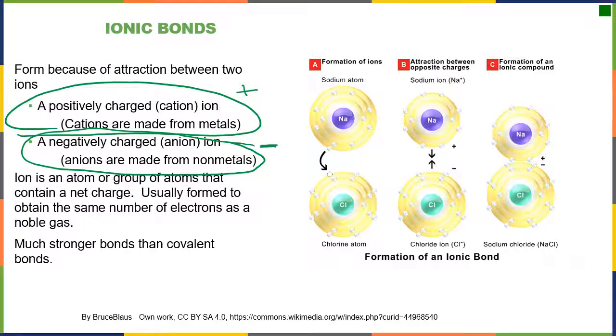Now, when we write the formula for an ionic compound, for example, NaCl, we write it together such that we ignore the charges. It is in fact an attraction between an Na plus and a Cl minus. Now, when we write this, this is going to be the simplest ratio of ions in this compound.